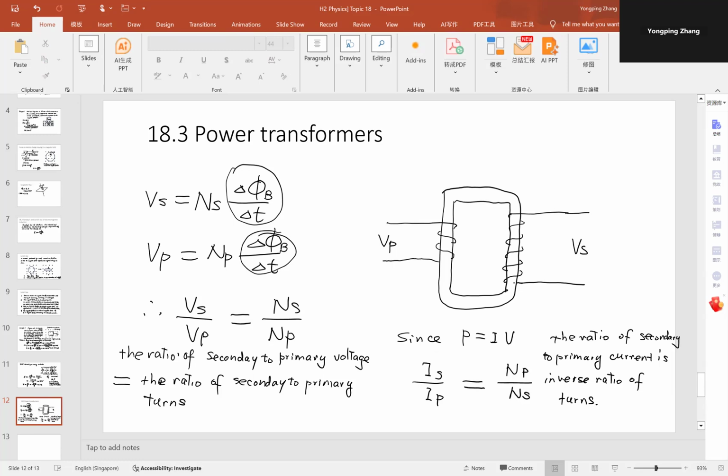So the voltage ratio equals the ratio of the turns: Vs divided by Vp equals Ns divided by Np. Since power is the product of current and voltage, Is divided by Ip equals Np divided by Ns. The ratio of secondary to primary current is the inverse ratio of the turns.